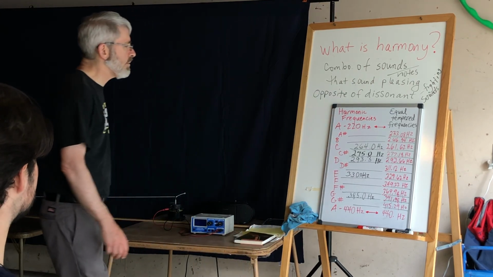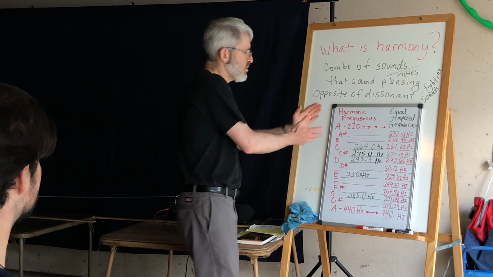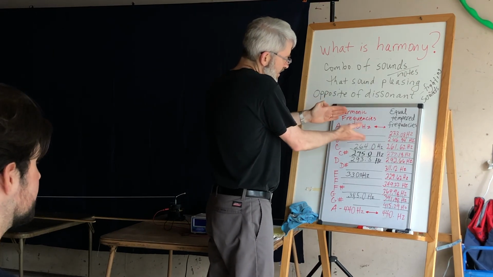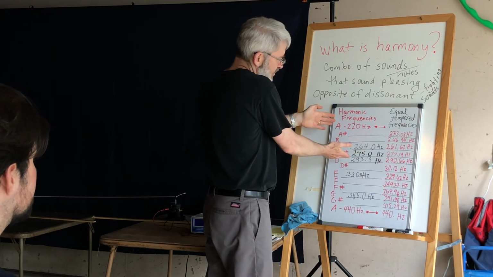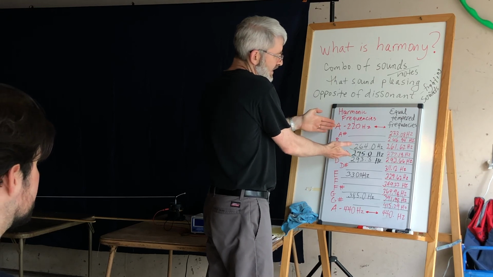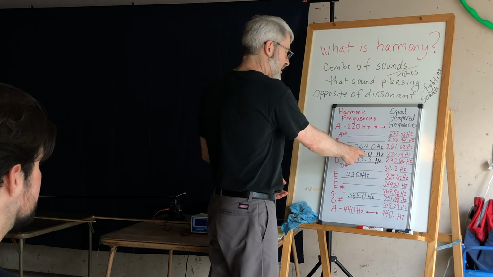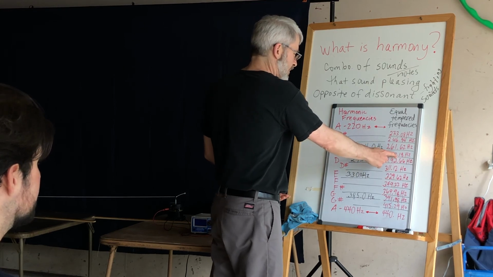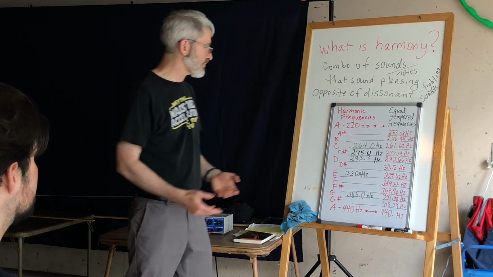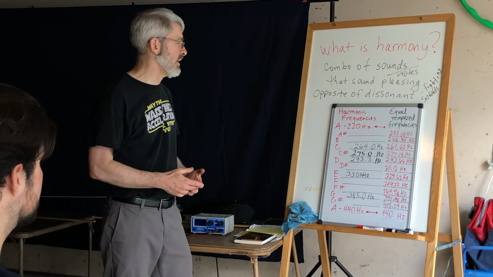Yes, we would. The problem is that as soon as we start making, say, major thirds pure, in the case of this, it would come out lower than equal temperament. So that means some other third is going to have to be wide.